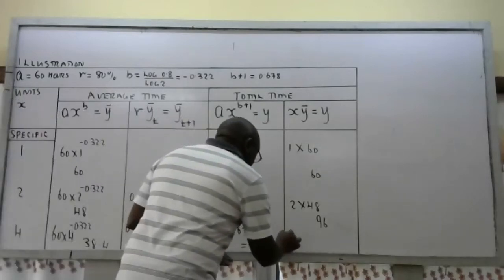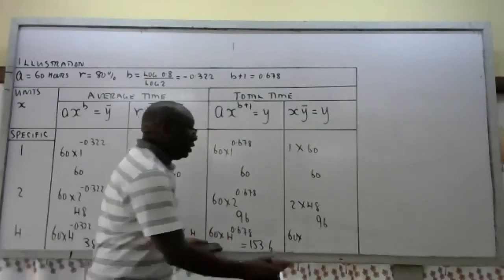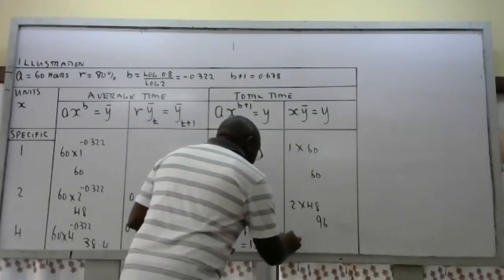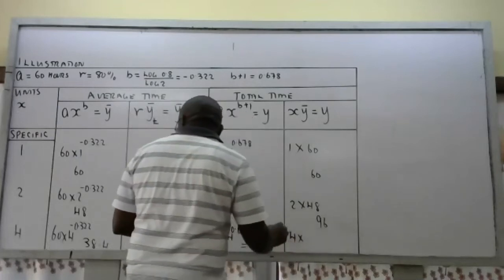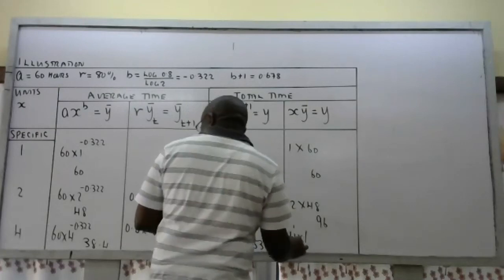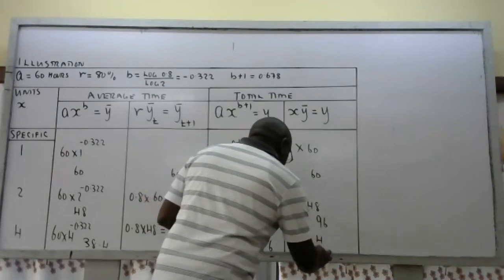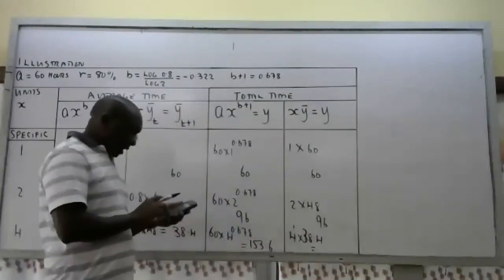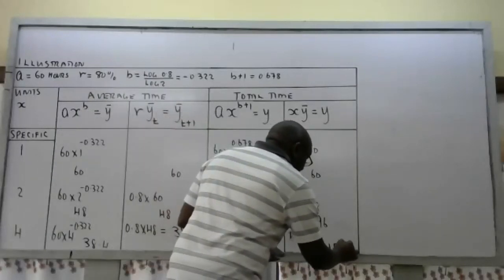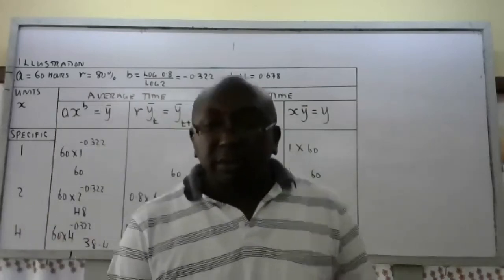Then I'm supposed to change the unit now, that is 4 times 38.4. So 4 times 38.4 is 153.6.